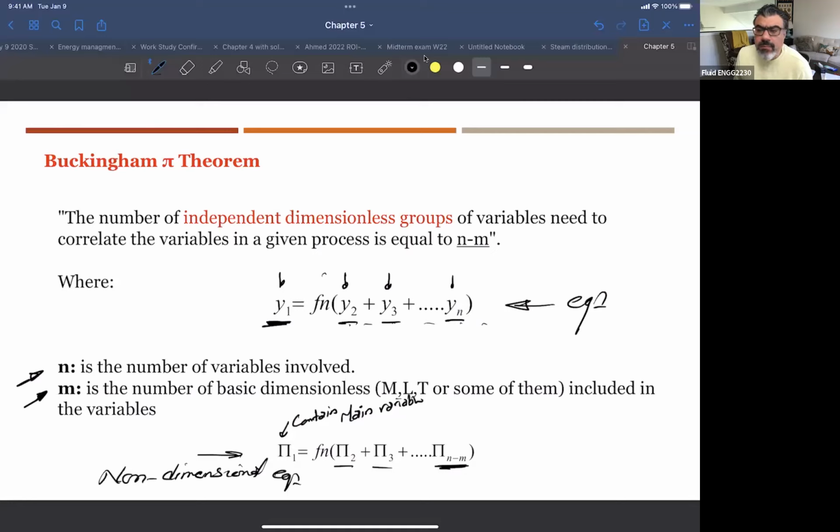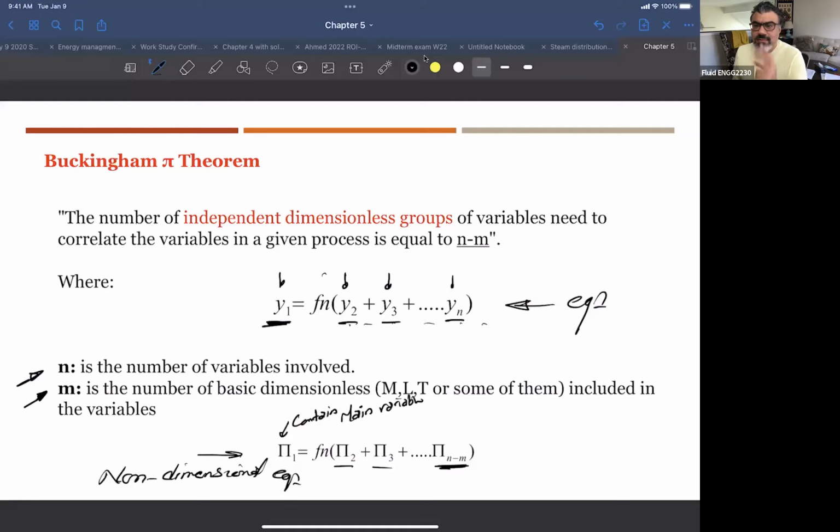But I will tell you, for example, imagine now we have only 2 variables, and those variables are a function of M, L, and T. So those 2 variables now, 2 minus 3 is minus 1. What does it mean?